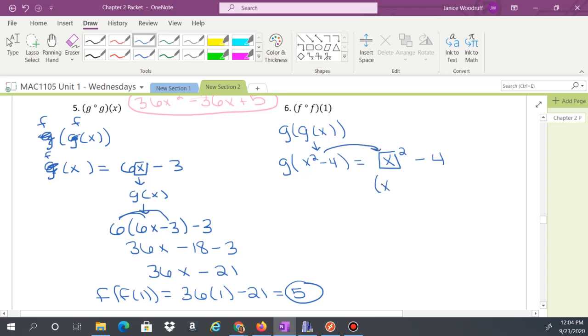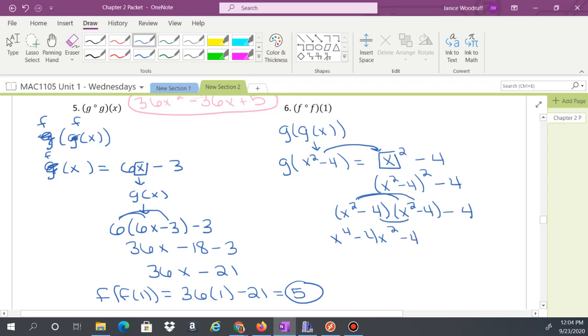So we have x squared minus 4 squared minus 4. And then I work that out. So I have x squared minus 4 times x squared minus 4 minus 4. So x squared times x squared will give me an x to the 4th. X squared times negative 4, negative 4x squared.